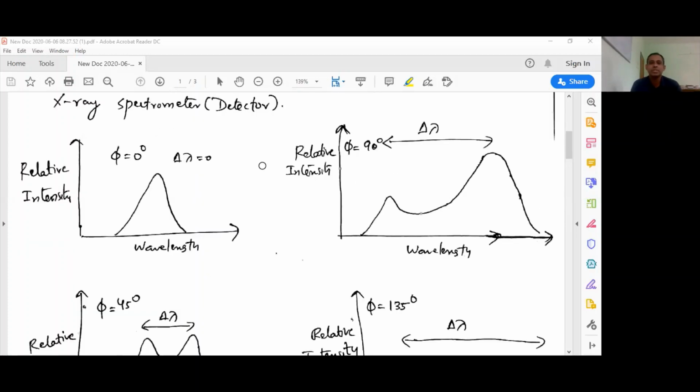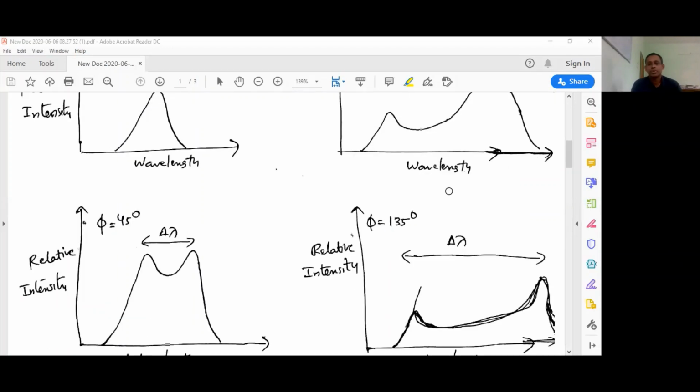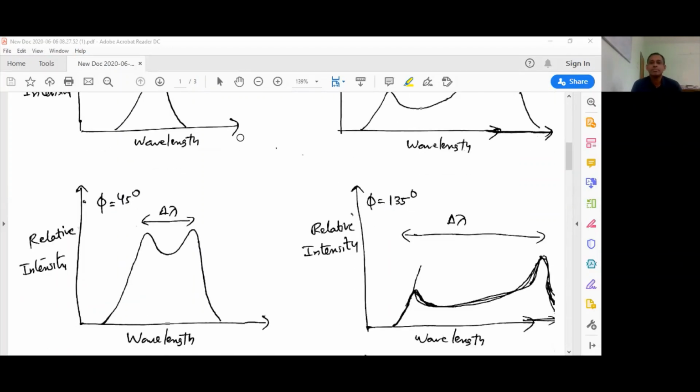We have two peaks again, one here and another one here, and this is the shift in wavelength. Now for phi equal to 135 degrees, the shift again increases, as predicted by the formula.